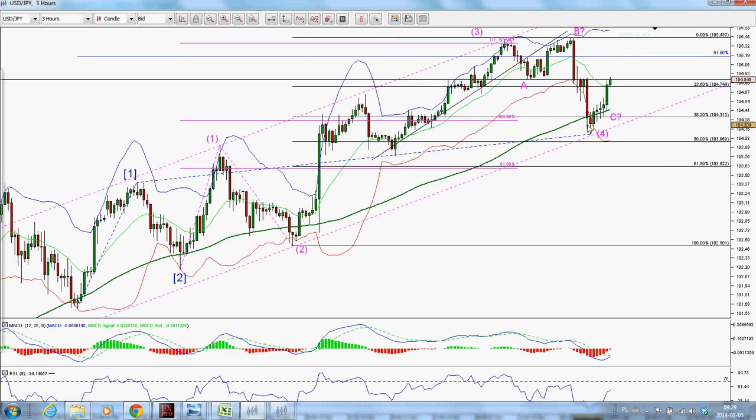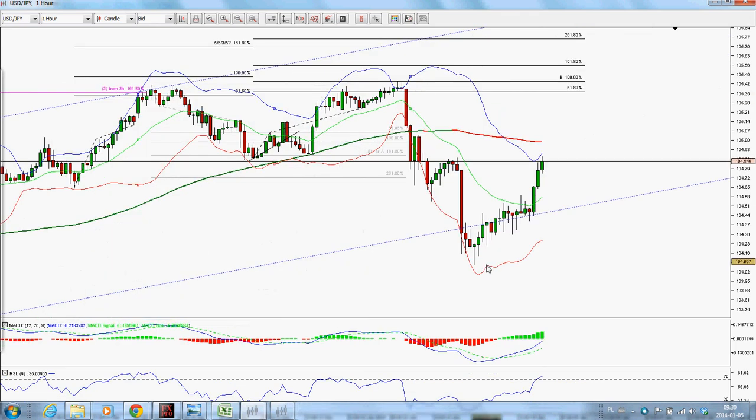Because this looks like A, B, and C. A C should be a 5 wave impulse, and it looks like we had the 1 and 2, 3, 4, and final 5.